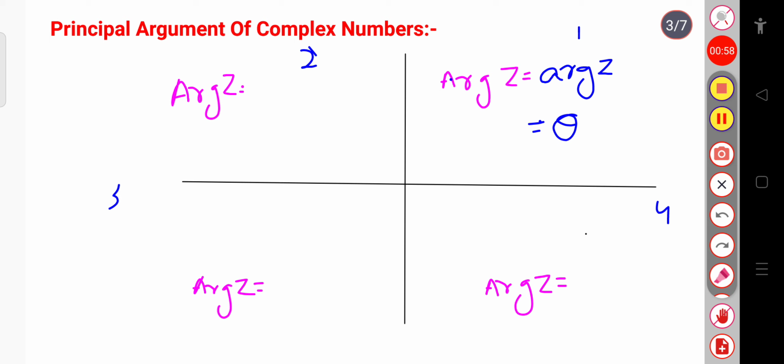So you know this theta equal to tan inverse y by x, where y is the imaginary part of z and x is the real part of z. Since z equal to x plus iy, we have already discussed this. When z equal to x plus iy, this is the complex number, then theta is equal to tan inverse y by x.